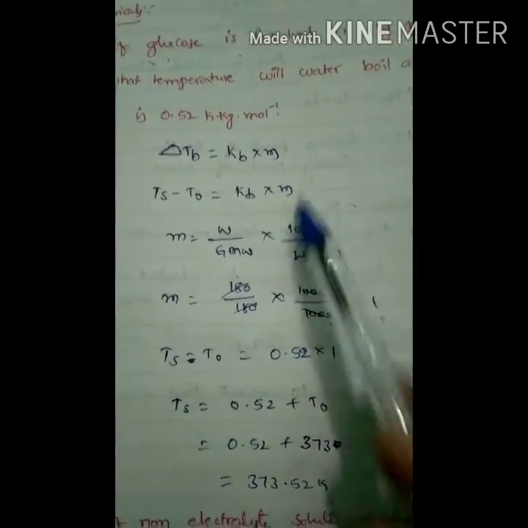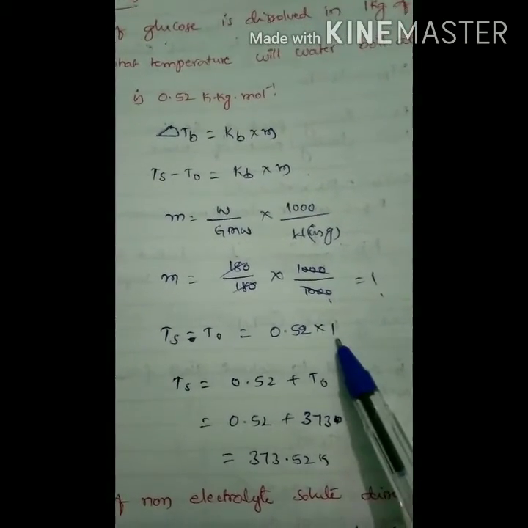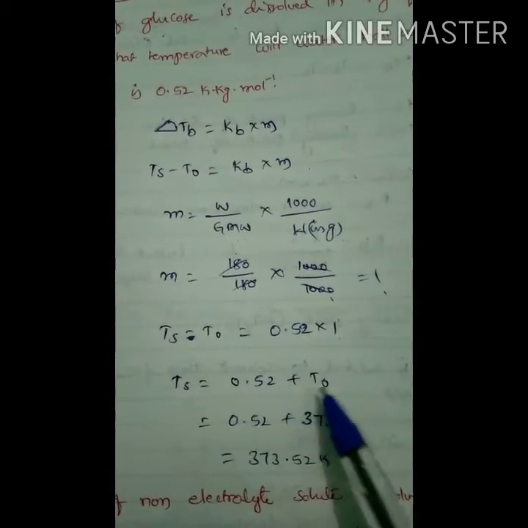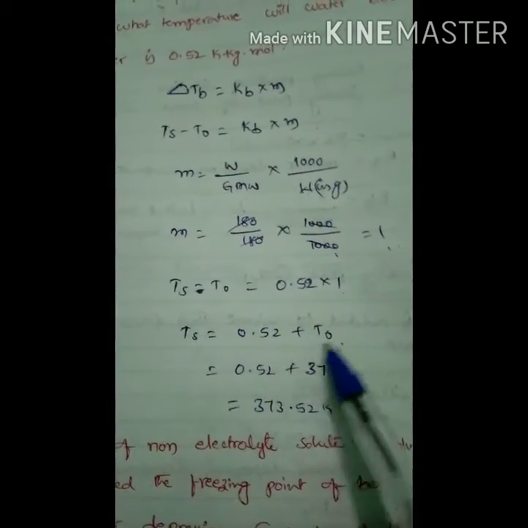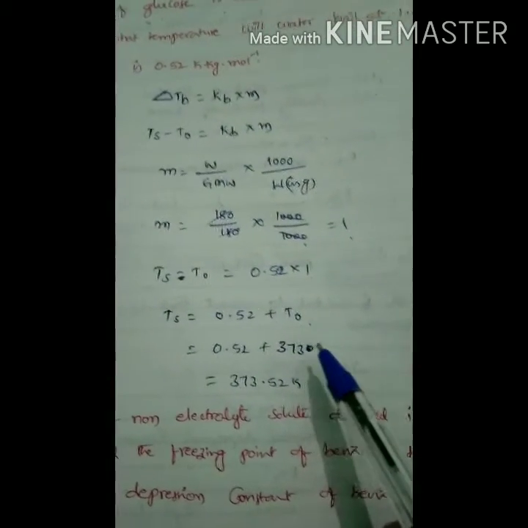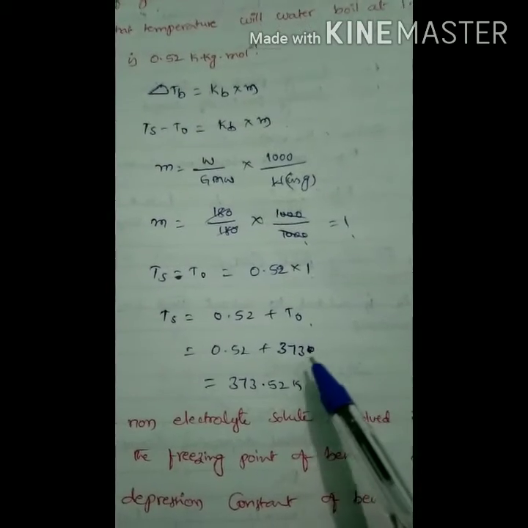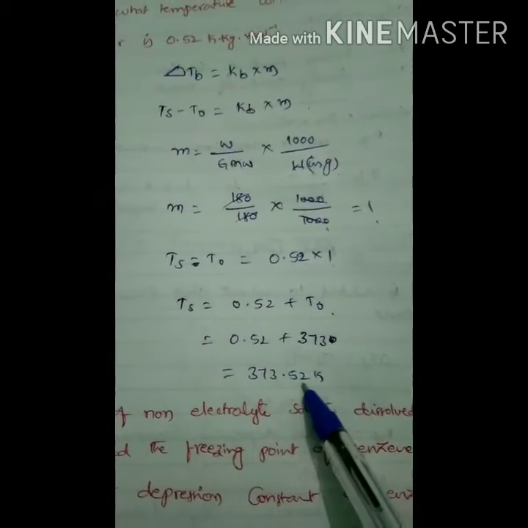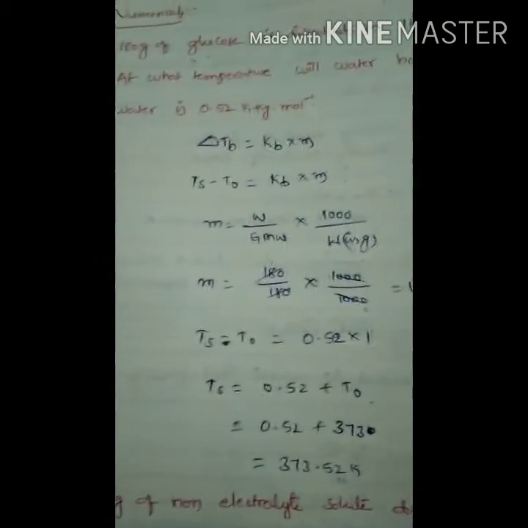Substituting, Ts minus T naught equals 0.52 into 1, then Ts equals 0.52 plus T naught. The minus T naught goes to the other side and becomes plus T naught. We know T naught means boiling point of solvent, that is 100 degrees Celsius. Generally we measure temperature in kelvins, that means 100 degrees is 273 plus 100, that is 373 Kelvin. Finally we get this value. So this is the way to solve the problem.